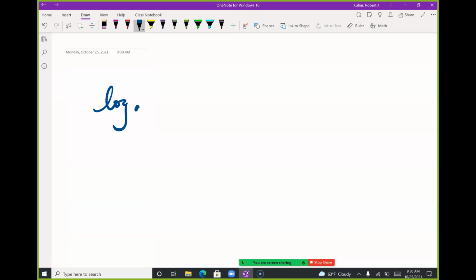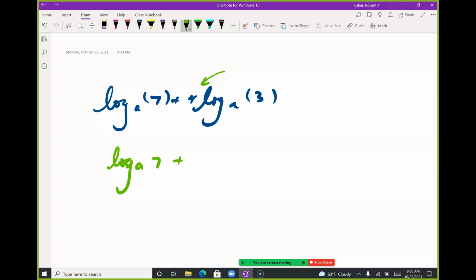So this is my first property, right? The product one. But I can see that I have a coefficient. I want to tuck that in first. So log base a of 7 plus log base a of 3 to the 4th.